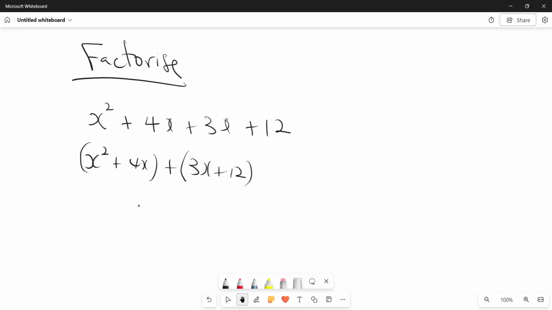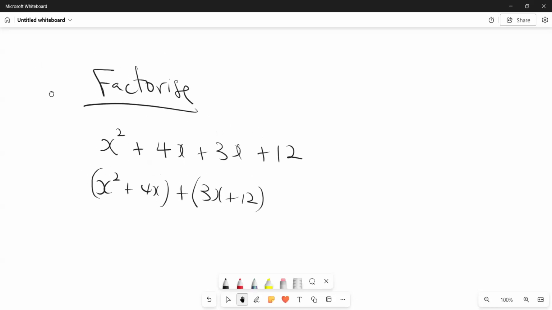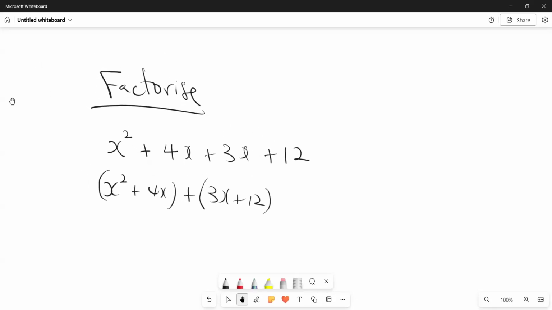I'm not seeing the first part of the sum clearly. Tell me if you're seeing it. Yes, sir, you seeing it now? Yes, sir.